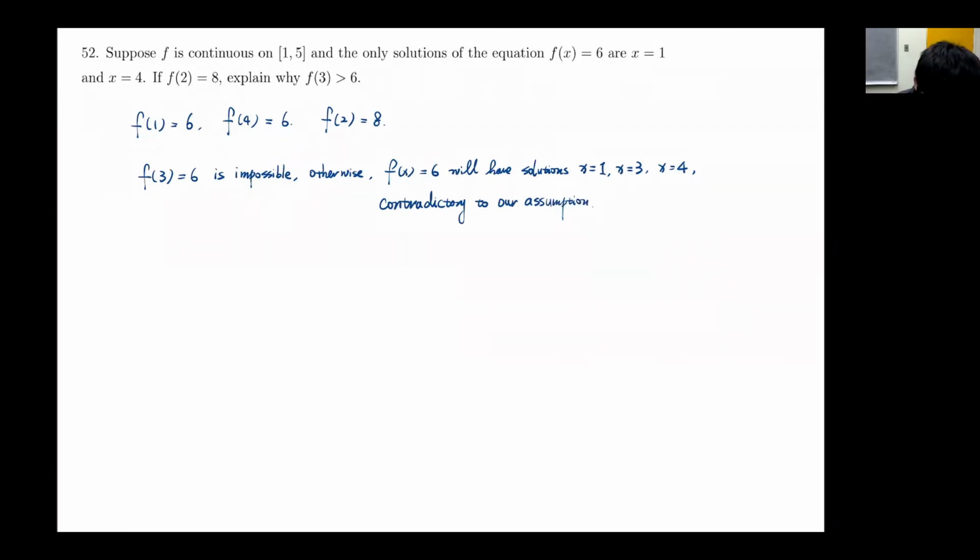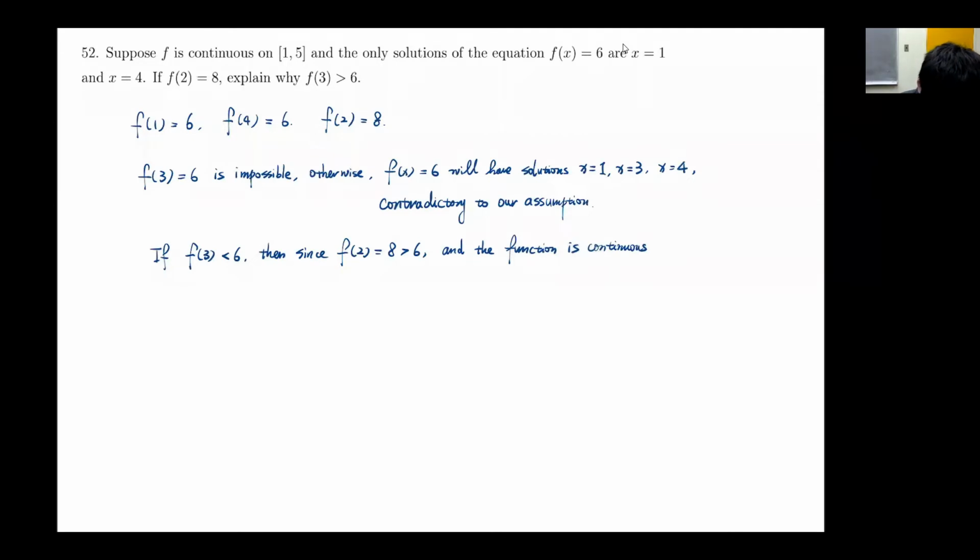All right, now let's investigate whether it's possible for f of 3 to be strictly less than 6. If f of 3 is strictly less than 6, then since f of 2 equals 8, which is strictly greater than 6, and the function is continuous.